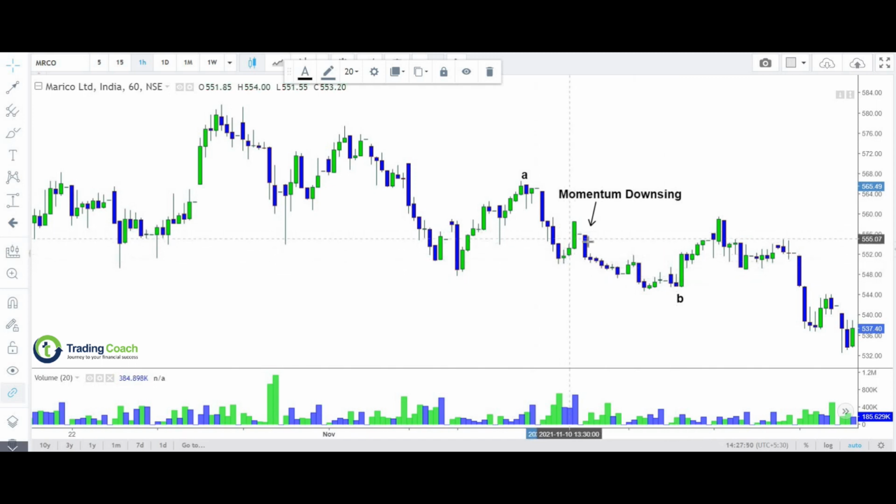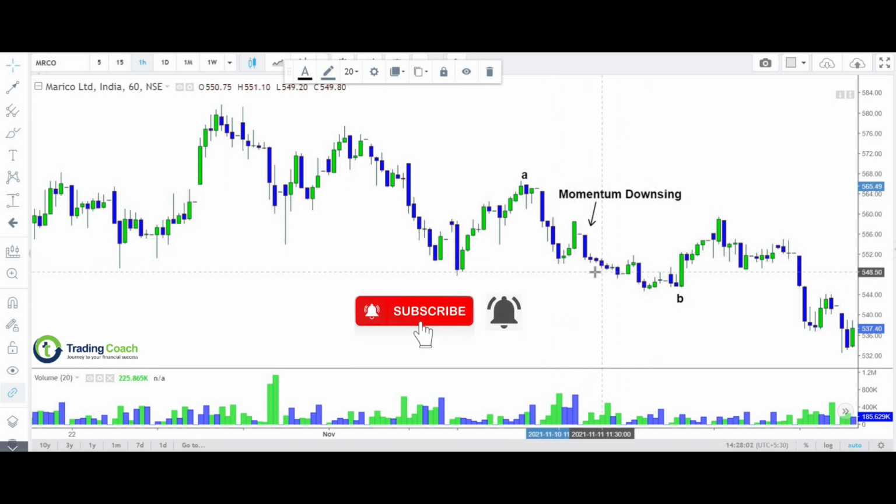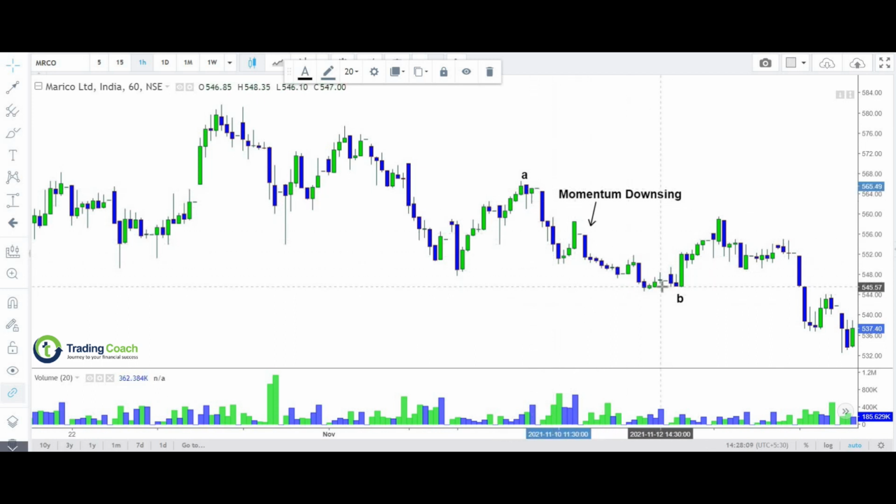But if you look at the price action, after each of these bullish candles, you can notice the bearish candles are getting stronger and stronger, right? The bearish momentum is becoming a little larger than the previous candles. From this price action, you can also understand some of the uninformed buyers, the people who think the market is going to go up, the people who think the stock has already fallen too much, and will try to take their positions within these types of downswings.